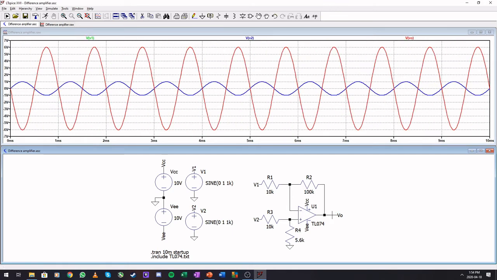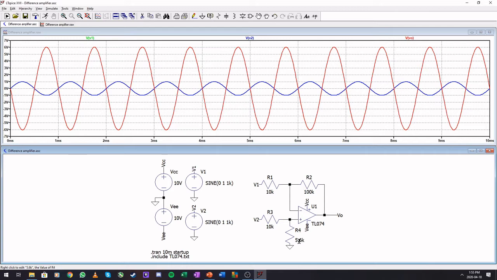And if we take the output, it should be minus 6 volts. So that means that the signal should be inverted and with an amplitude of 6. So with this configuration, our amplifier is actually working.